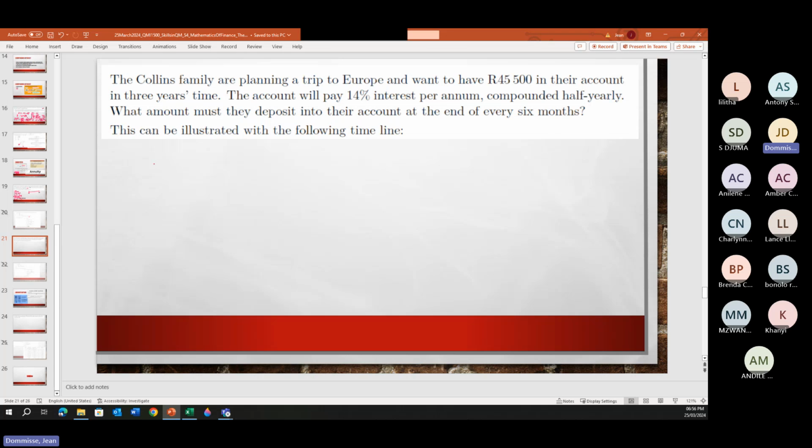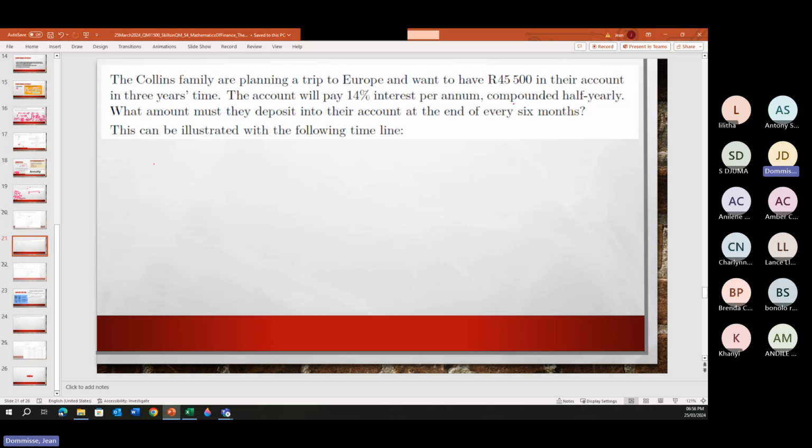Okay, so let's look at this one and let's just jot down a few things. The Collins family are planning a trip to Europe and want to have 45,500 in their account in 3 years' time. Okay, so here we've got that in 3 years' time they want to have a future amount of 45,500.